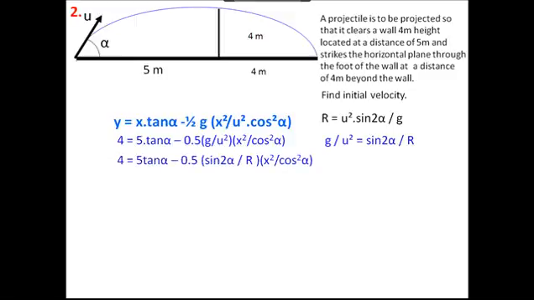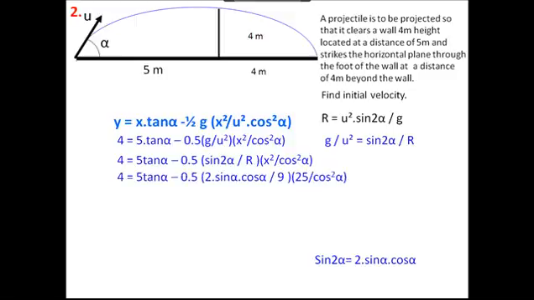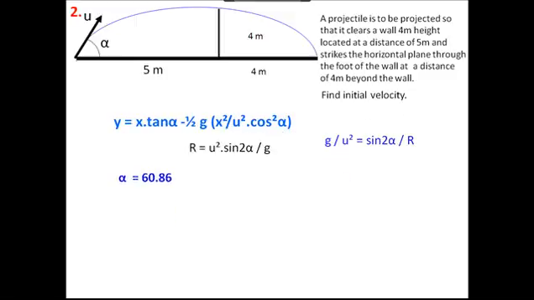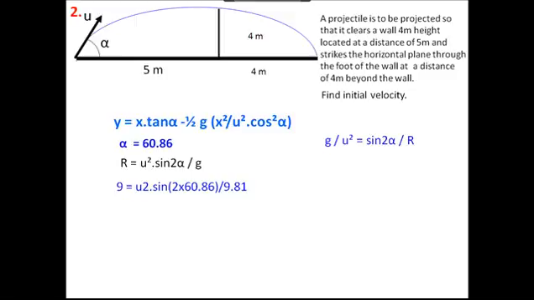So by solving this, we will be able to get, and of course doing some geometry, trigonometry, sine 2 alpha is 2 sine alpha cos alpha. We can go on solving like this, and we will come up with alpha as 60.86. And if we use this alpha, and R is 9, the total range, we will be able to get the u which was wanted.